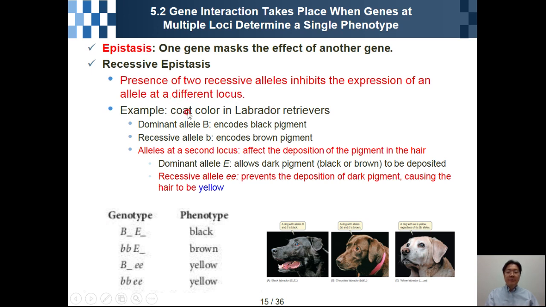For example, coat color in dogs: usually the dominant allele large B encodes black color, and the recessive allele small b encodes brown color.